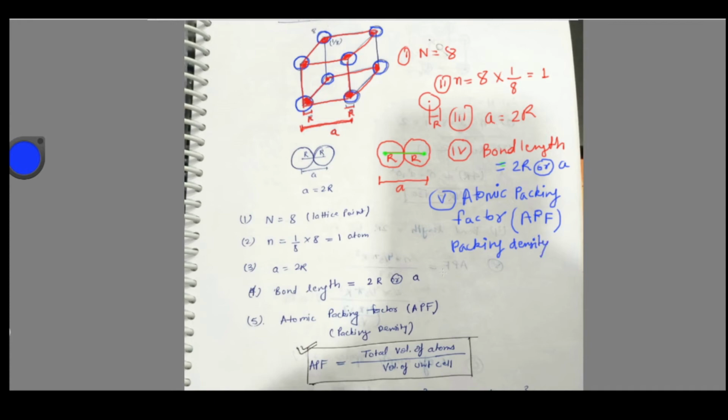So atomic packing factor is equal to the total volume of atoms divided by the volume of the unit cell.